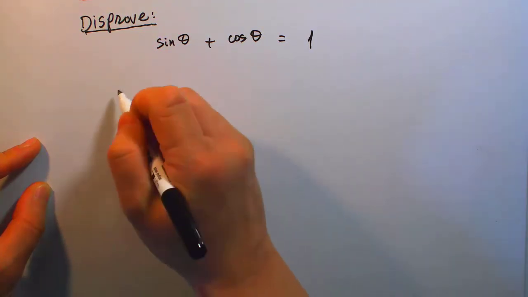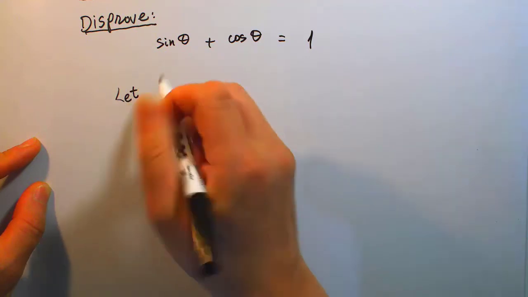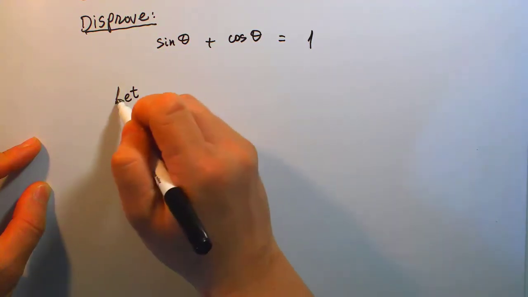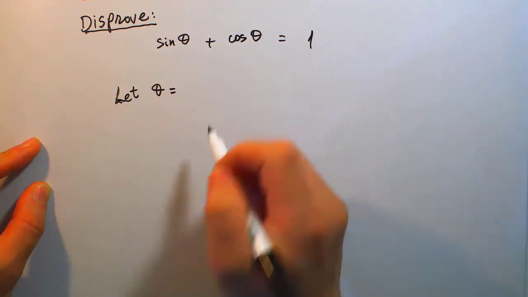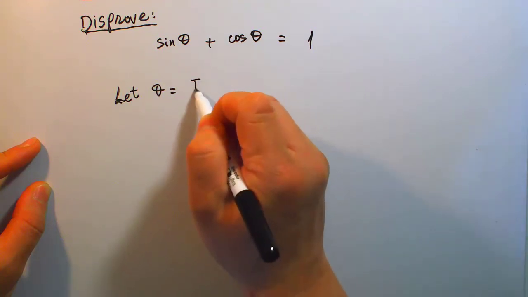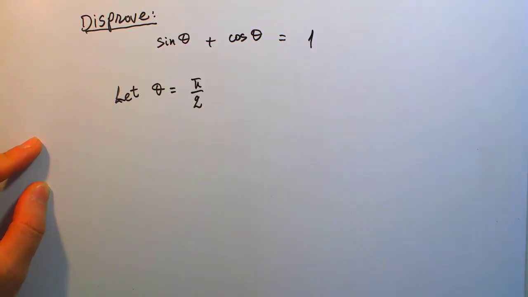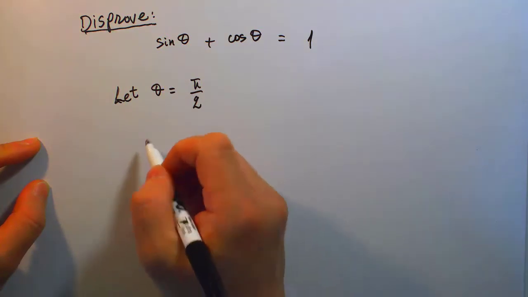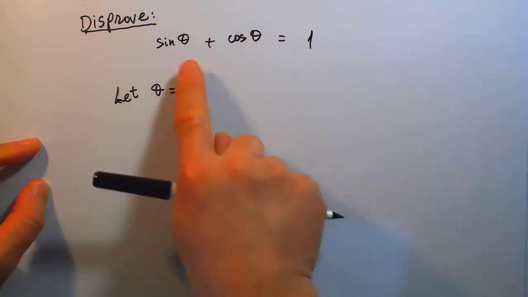So I'm just going to substitute in a value. I'm going to let theta equal pi over 2.